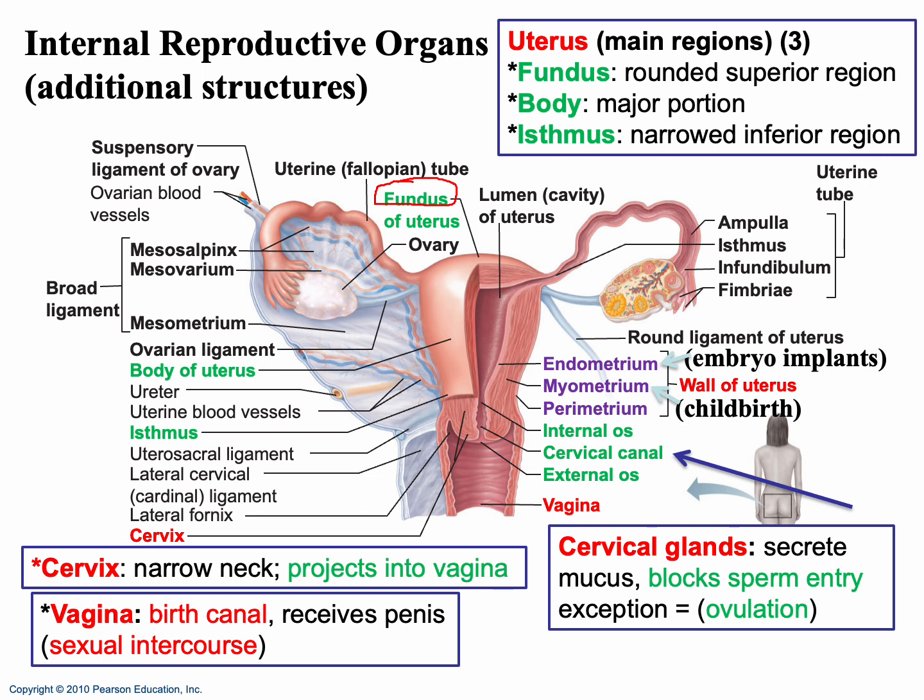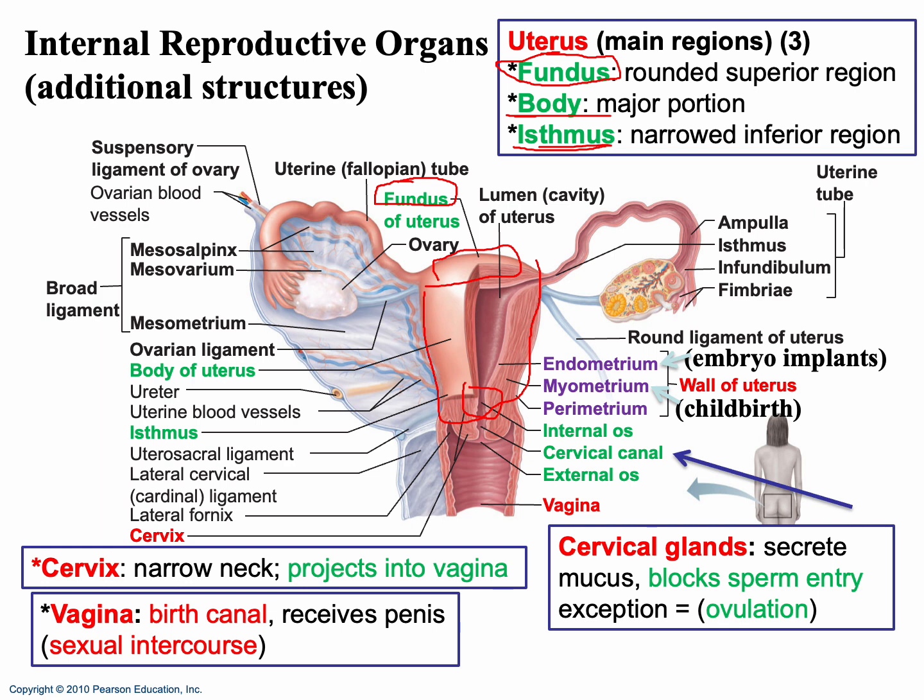Fundus is the top of the uterus, superior portion. So right up here is the fundus. And this area here is the body. So this is the major part of the uterus for the region. And then the very narrowed area down here would be the isthmus, the narrowed inferior region.